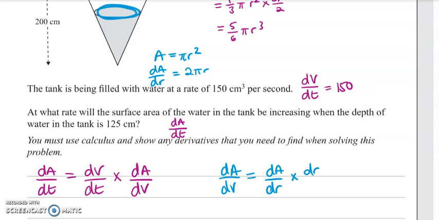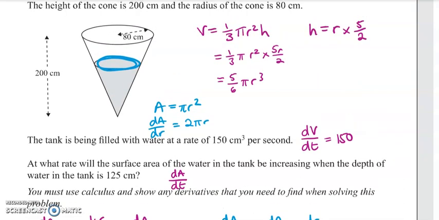So back to our wanting to know dA by dV. Now we've got dA by dr, what would we need to times that by to get dA by dV? We would need dr by dV, so our dr's cancel out. Now we have a formula linking V and r right here. So we can go and do dV by dr, differentiating V with respect to r. So we get 5 pi r squared over 2.